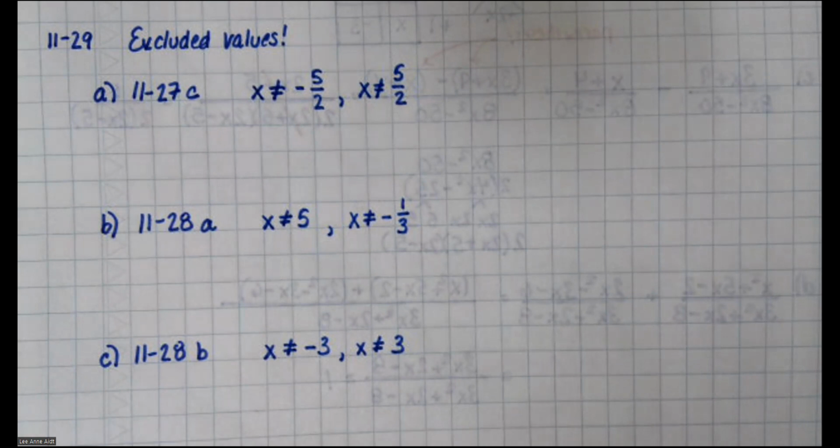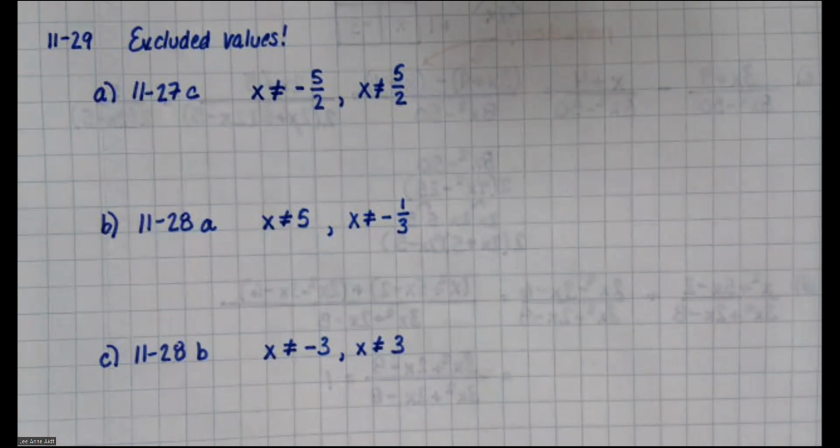Here we go. Take a look, please. The first one is -5/2 and +5/2. Negative and positive. The second one is 5 and -1/3. And the third one is -3 and positive.